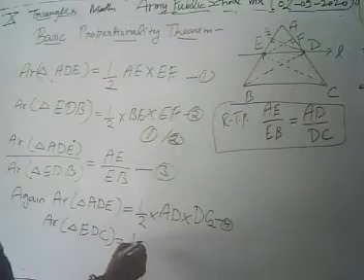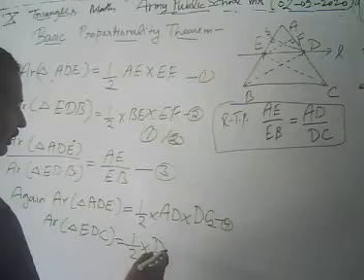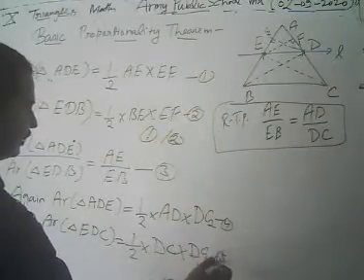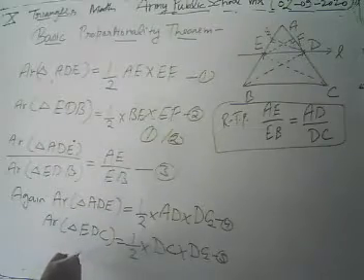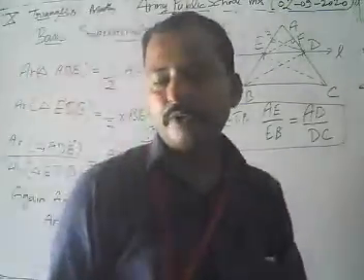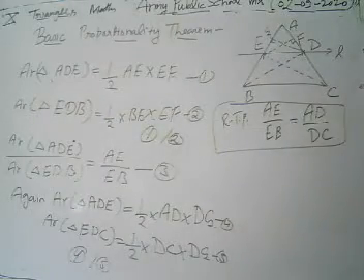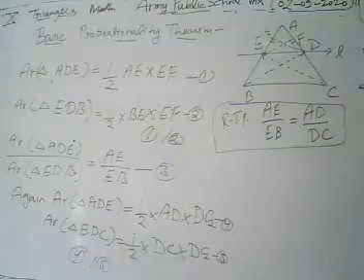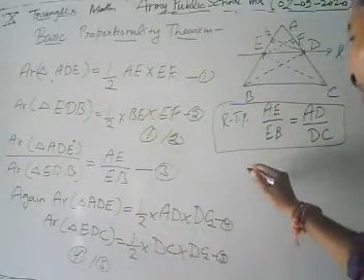Now it's half. What is its base? We have to take DC, and height is DC. Take this as 5. Now we are going to divide equation 4 by 5. When we divide equation number 4 by 5, what do we have from here?